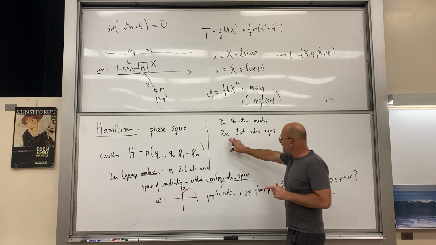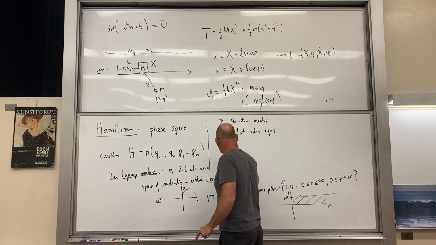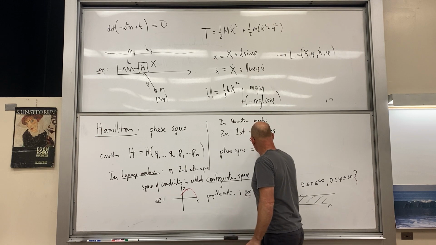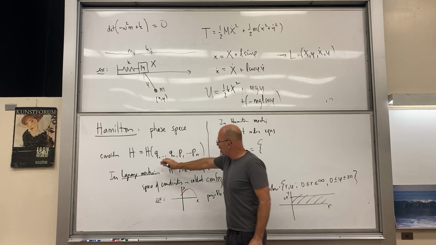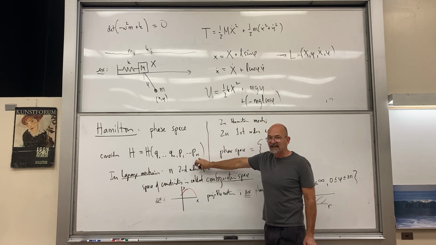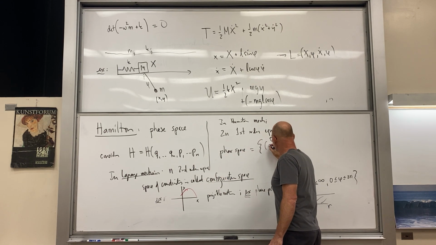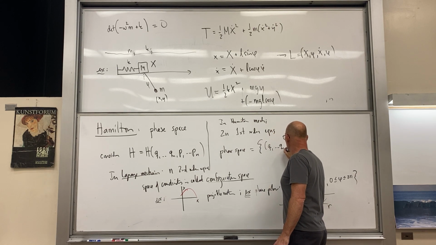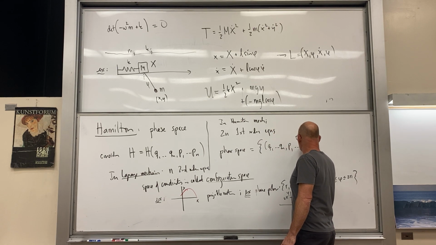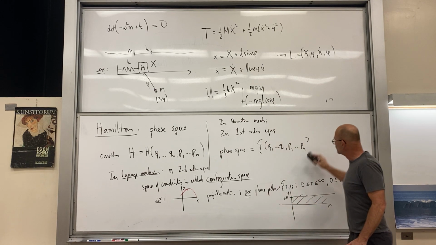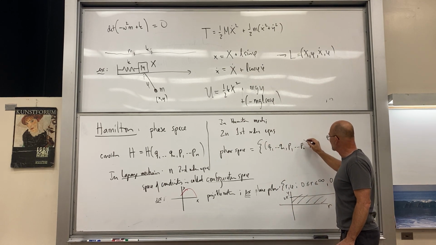So the space now, phase space, is the set of all such 2n component vectors, okay? So Q1 to Qn, P1 to Pn. Okay, so it's a 2n dimensional space.